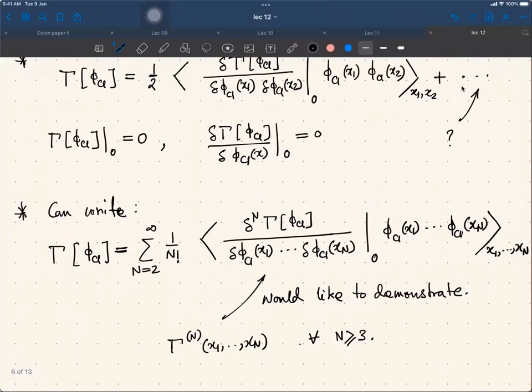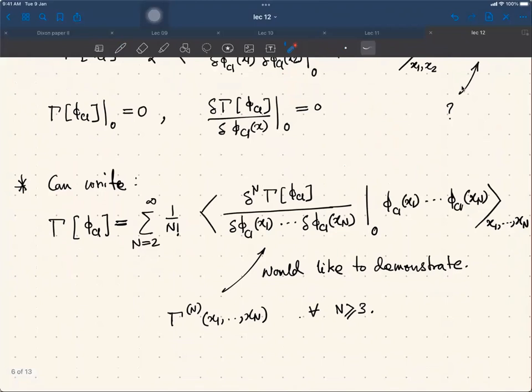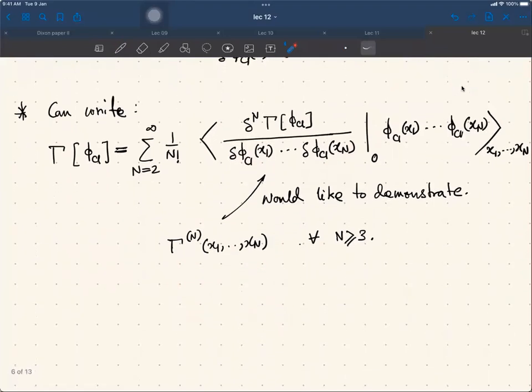For n equal to 2, we have already calculated this particular thing, which is the inverse of the connected Green's function, and the claim is that for n equal to 3 onward, these Taylor expansion coefficients are nothing but the Γ_n that we defined earlier.